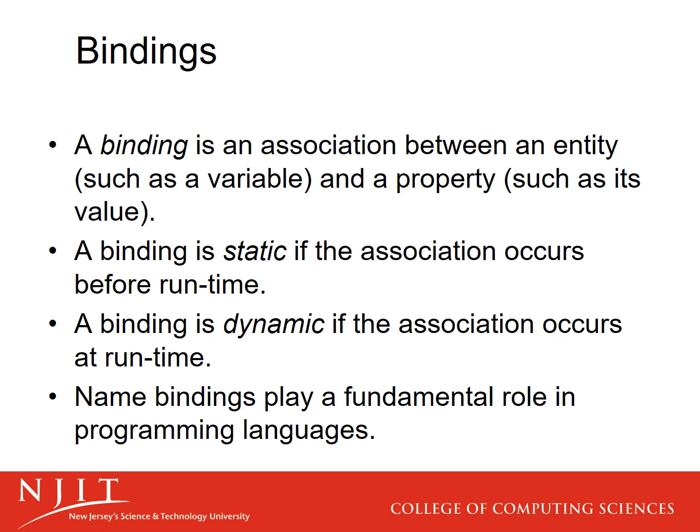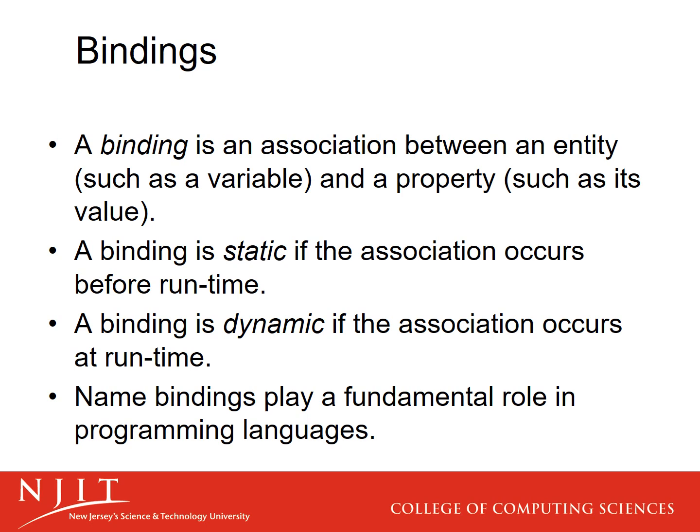Now, some things are done statically and some things are done dynamically, and even if you've never heard those terms before, you're familiar with them. So for example, in C++ and Java, the type of a variable is bound to the variable statically. You have to declare the variable at compile time. That's not true in Python, right?